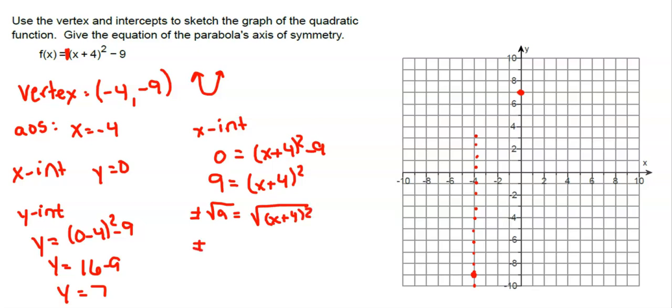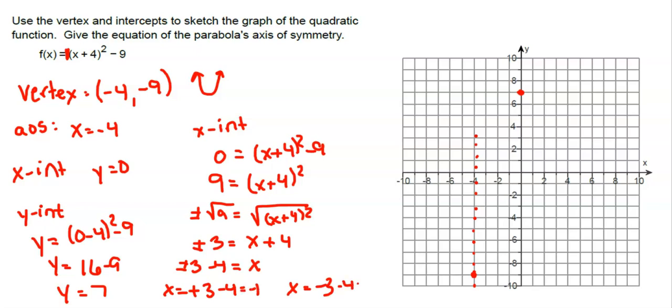So plus or minus 3 equals x plus 4. So x equals plus or minus 3 minus 4. That's two numbers. That's either x equals positive 3 minus 4 or x equals negative 3 minus 4. So we either have negative 1 or negative 7.